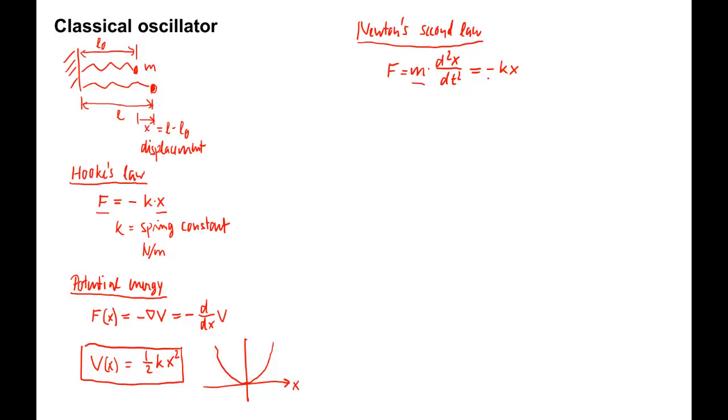Moving m over to the other side, we get d squared x dt squared equals negative k over m times x. This is a simple differential equation for which we can write down the general solution.